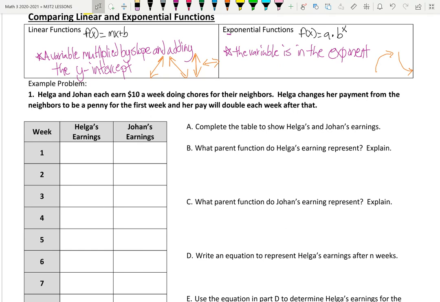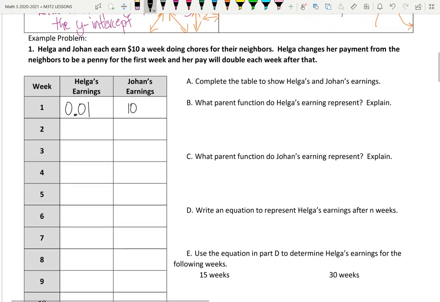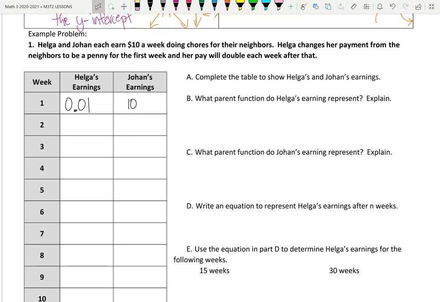Helga says she's going to be charged a penny, and then Johan is going to be making $10 a week. Now, you might think, why would Helga take 1 penny? So, in the second week, it's going to double. So, it's going to be 2 cents, and then $20.